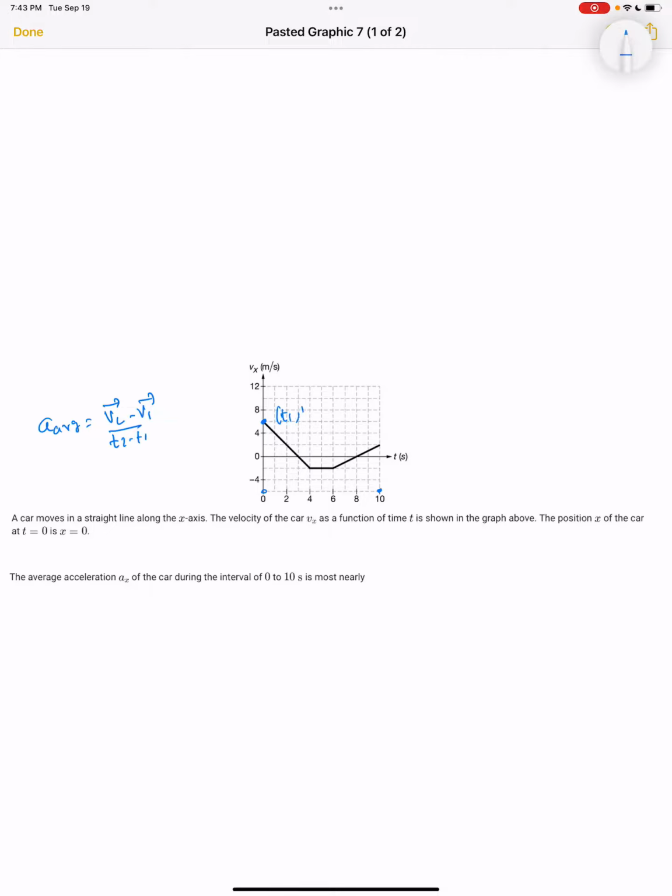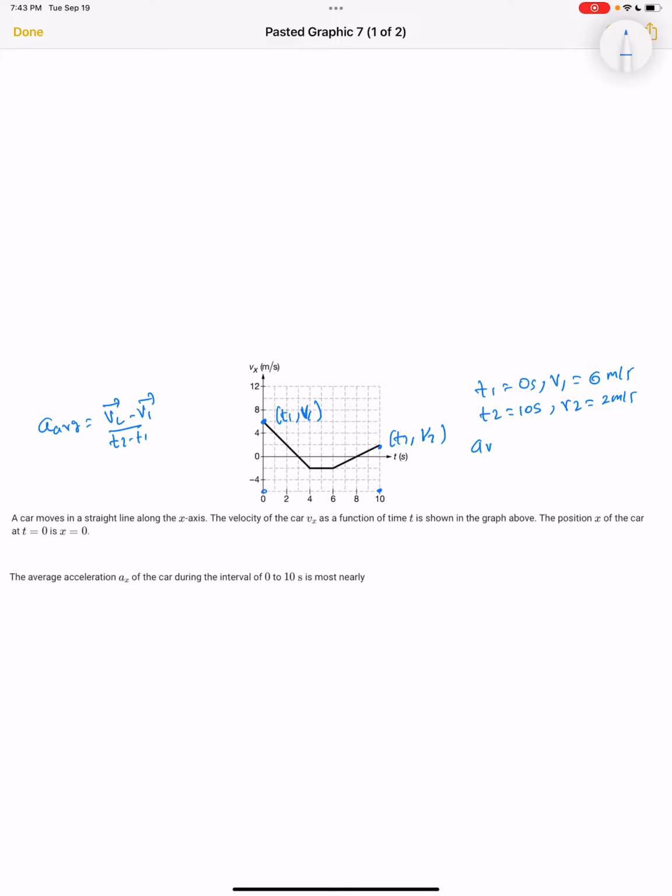You have your t1, v1 here, and right here you have your t2, v2. So t1 is 0, v1 is 6 meters per second, t2 is 10 seconds, and v2 is 2 meters per second.